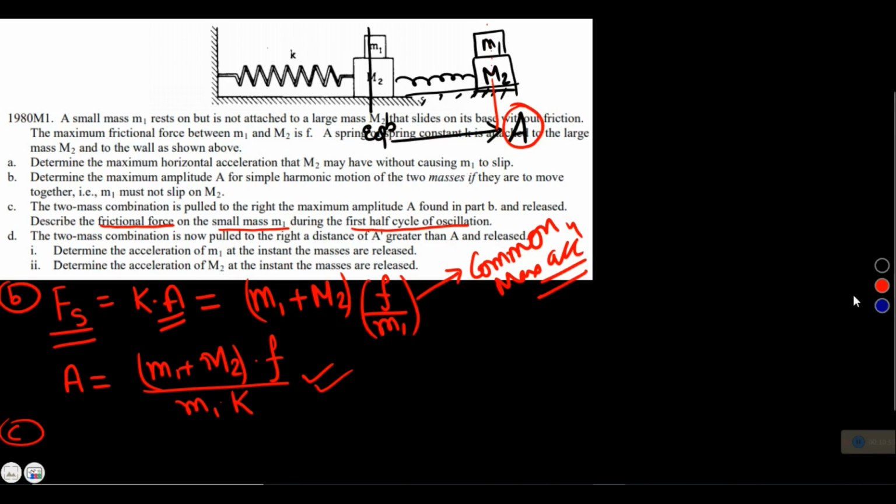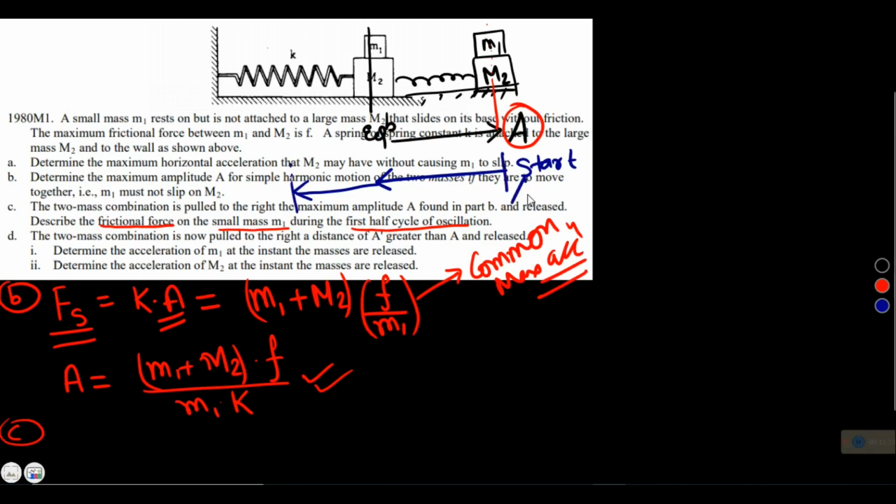Please see what will be the first half cycle. The first half cycle will be, see, this is the starting position. So first it will go here, then it will go somewhere here.